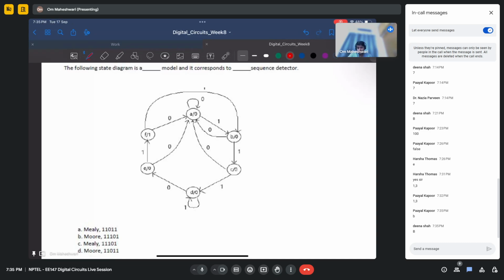Yes, B is the correct answer. This is again a Moore model. And the sequence it detects is, you have output 1 here. So you detect 1 1 1 0 1 1 1 1 0 1. Option B is correct.